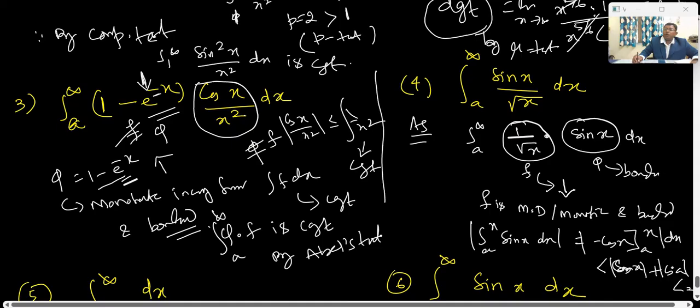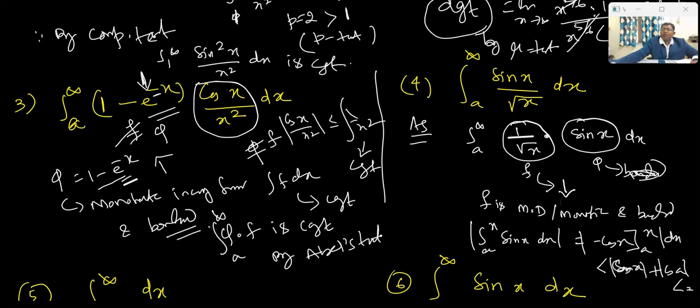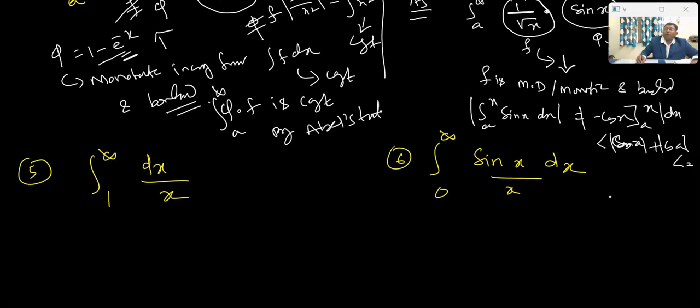It is also bounded, right? It means this is bounded. So here f is monotonic and bounded, and the integral of phi is bounded. These two combined will give you, by the Dirichlet test, that this is convergent, is it not?